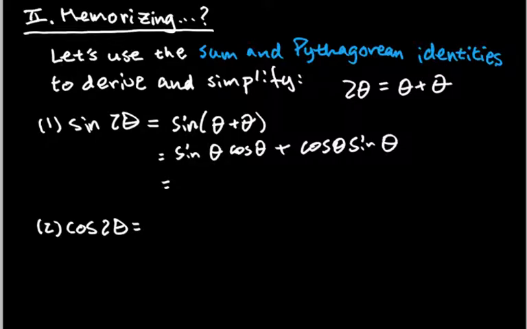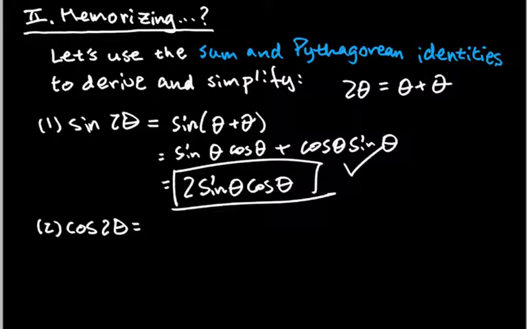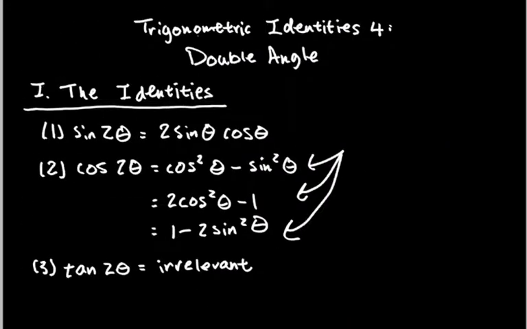So how many of them do we have? We have 2 of them. They're being combined with addition. So we have 2 sine theta cosine theta, and that proves the first identity up here. Right there. That's done. I'm going to put check marks later, so I'll erase that.